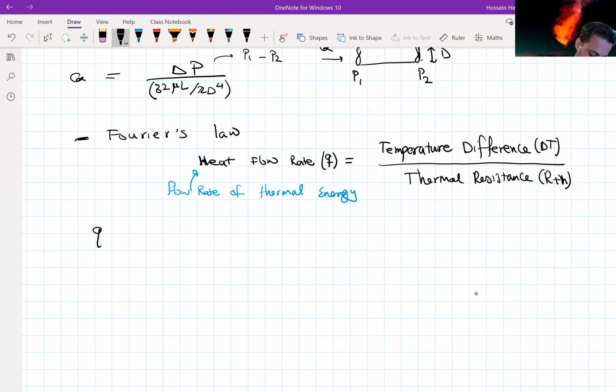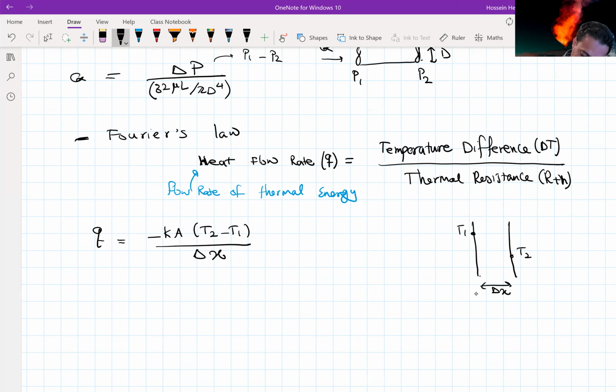Based on Fourier's law, Q is minus KA times T2 minus T1 divided by delta X. And this is for a simple geometry where we have, let's say, T1, T2, this is delta X, and this is Q, which is equal to T1 minus T2 divided by delta X over KA.